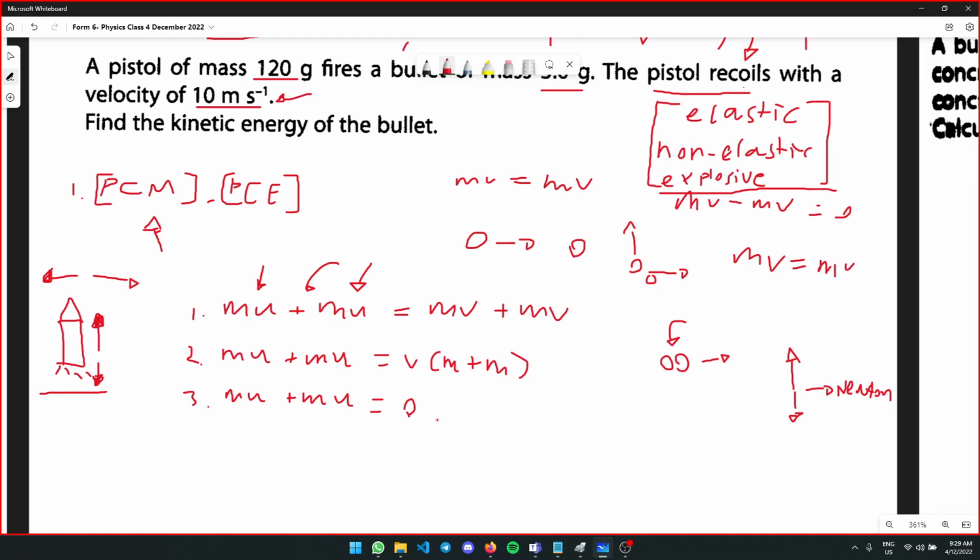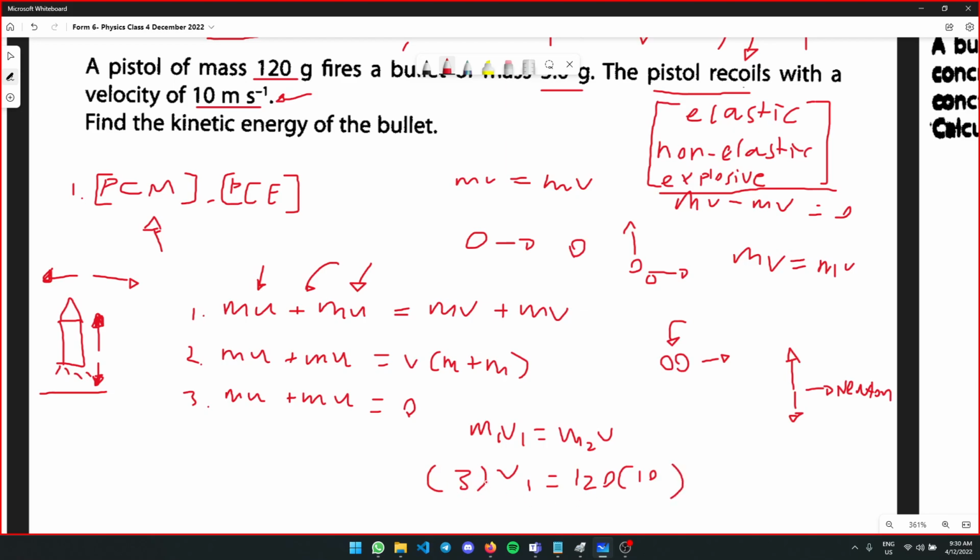I think I just solved it for you. It's going to take M1 V1 equals M2 V2. I said 0 just now. V1 equals 120 and 10.